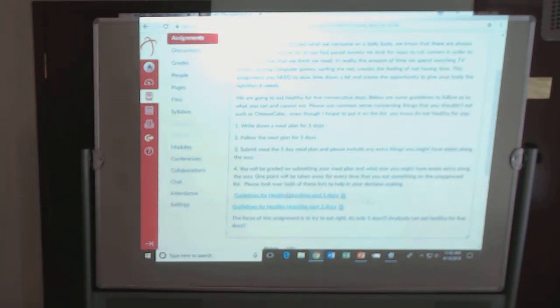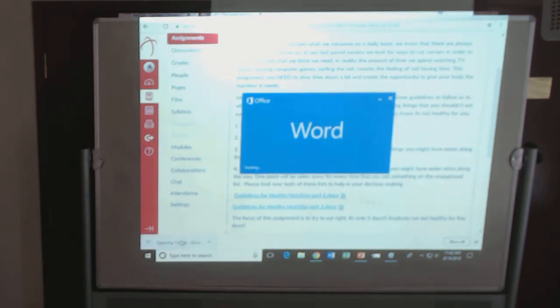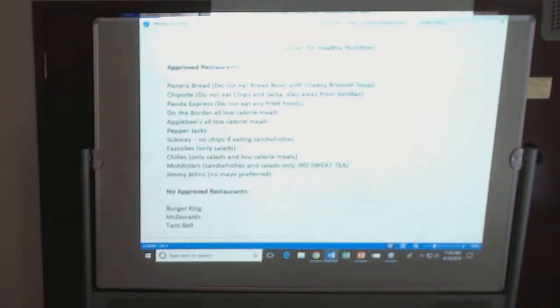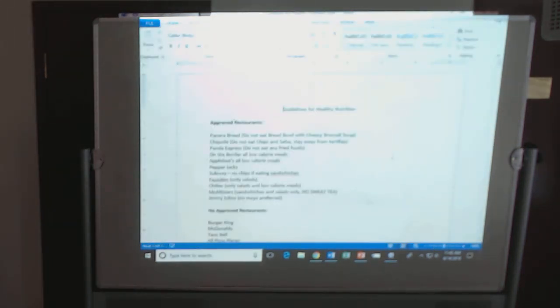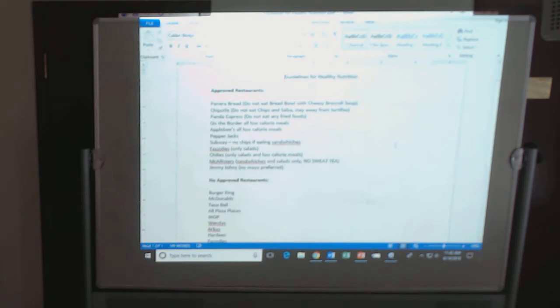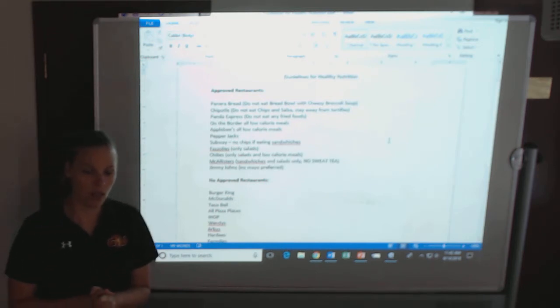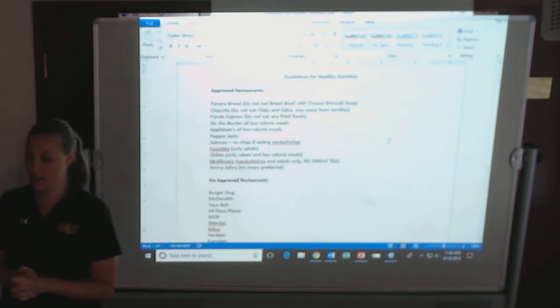So let's go over these guidelines for healthy nutrition. These are the restaurants that you are allowed to eat at over the course of the 5 days.